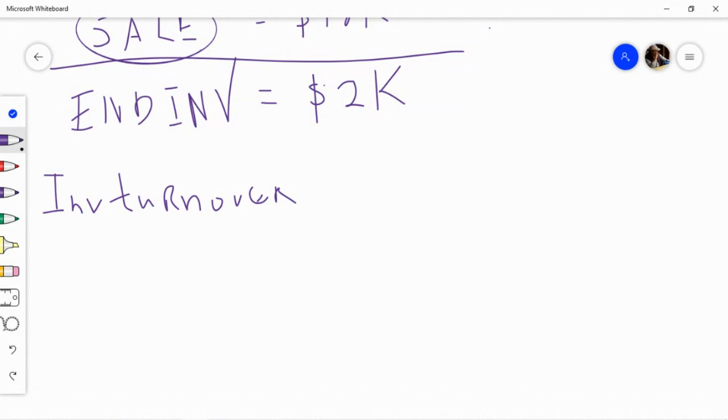That's what it means. So that means, if your business was very busy, think about it. It is sales revenue over average inventory.